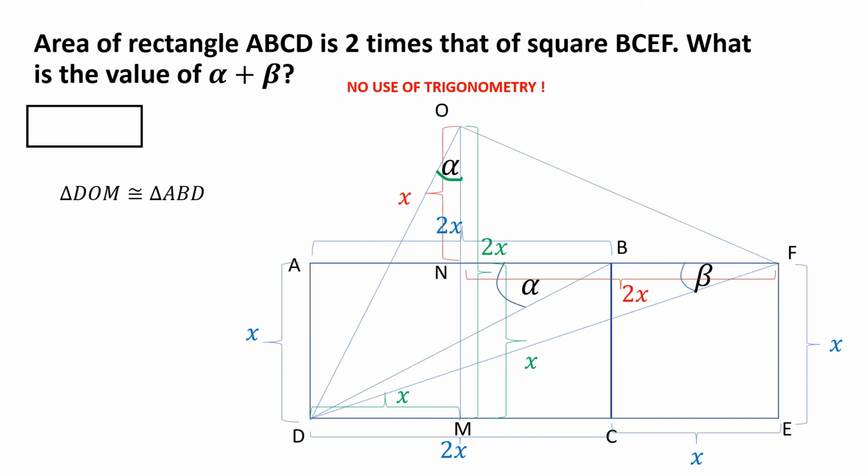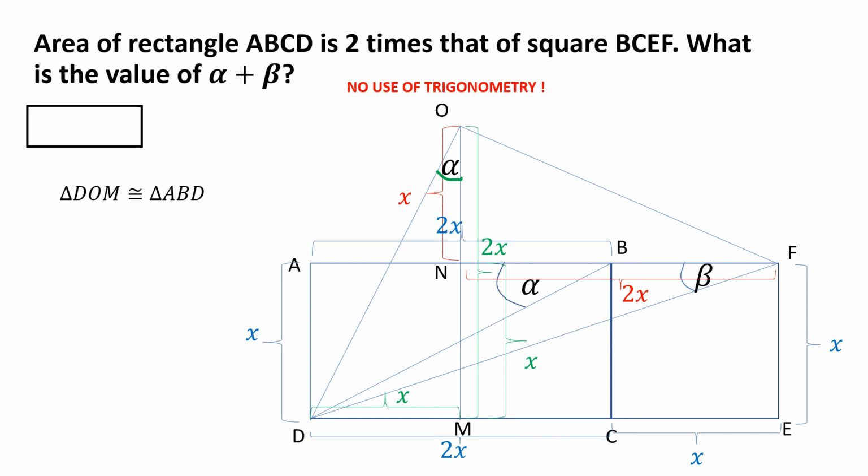Next, we join the points O and F by a straight line, and we have this triangle OFN, and note that this is another right-angled triangle where one side ON is equal to x, the other side NF is equal to 2x, and the angle between them is 90 degrees.